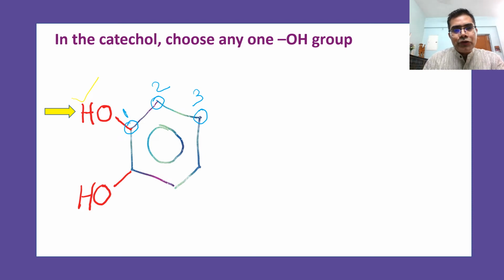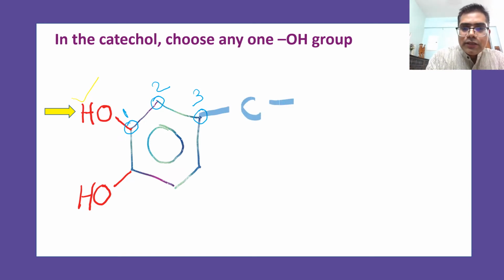So you choose any one OH and from there you start counting up to 3, and on the third carbon you have to add that amine part. On the third carbon we will be adding that amine part, that is CCN.